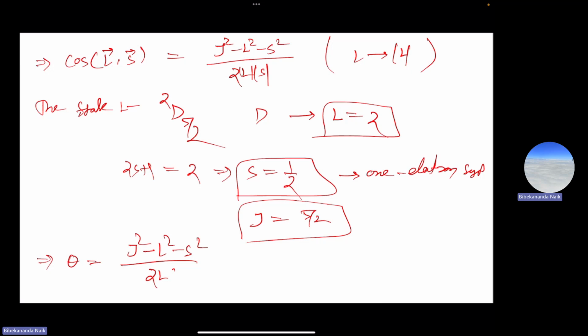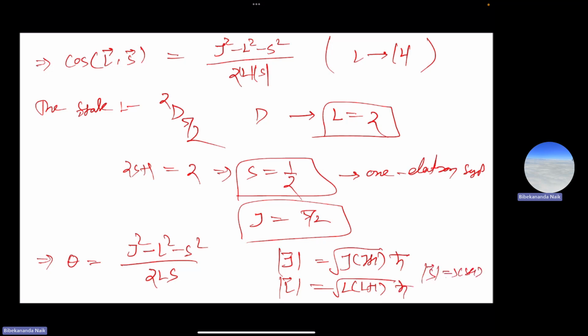And again, according to quantum mechanics, J vector mod is root over J into J plus 1 times h cross. Similarly, L vector mod is root over L into L plus 1 times h cross. And S vector mod is root over S into S plus 1 times h cross.